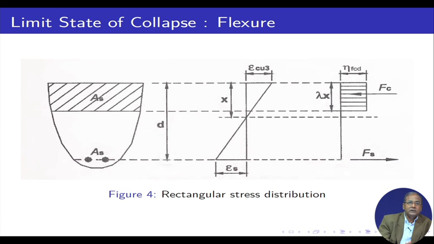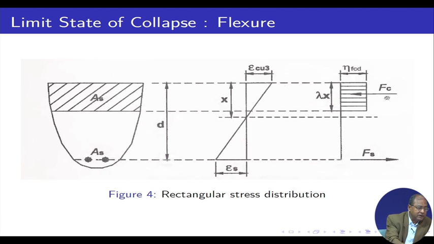If we consider this particular value, say area of concrete and this is area of steel, this is the effective depth, x is the distance here, epsilon cu3, epsilon s, for the steel and concrete, that value you can get from the table, and this eta fcd, lambda x and fc.